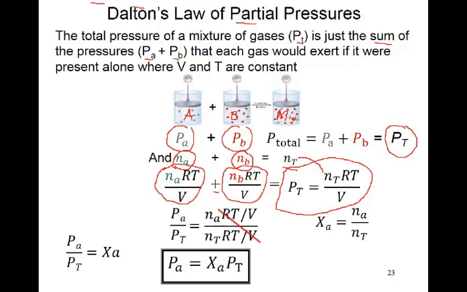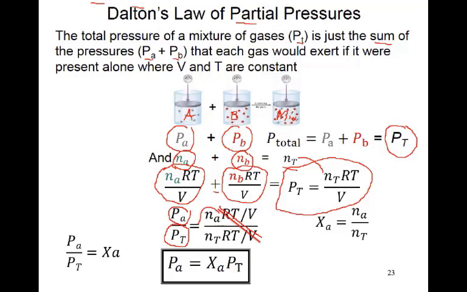And when we divide pressure of A, partial pressure of gas A, by the total pressure of the mixture, then this will be the equation. But here RT upon V and RT upon V are both the same, so we cancel it. So what is left here?